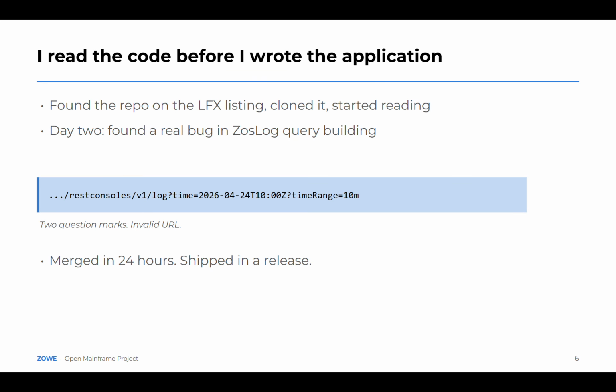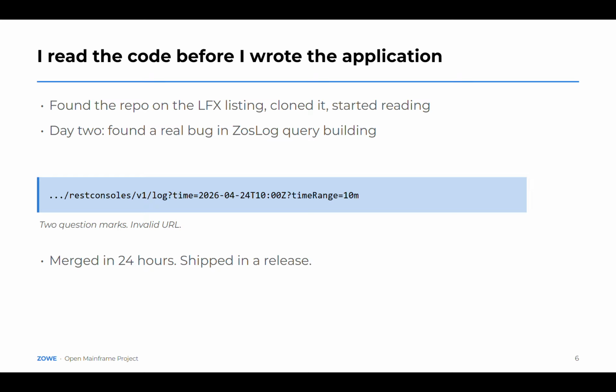But before I get to what I built, I want to tell you how I got in. I found this project on the LFX mentorship listing, and instead of writing my application first, I cloned the repository and started reading it, on the theory that if I couldn't understand the codebase, I had no business applying to work on it. Two days in, I found a bug. The z/OS log API built its query string by always appending the time parameter first, but the optional parameters could still be appended with a question mark depending on a counter.